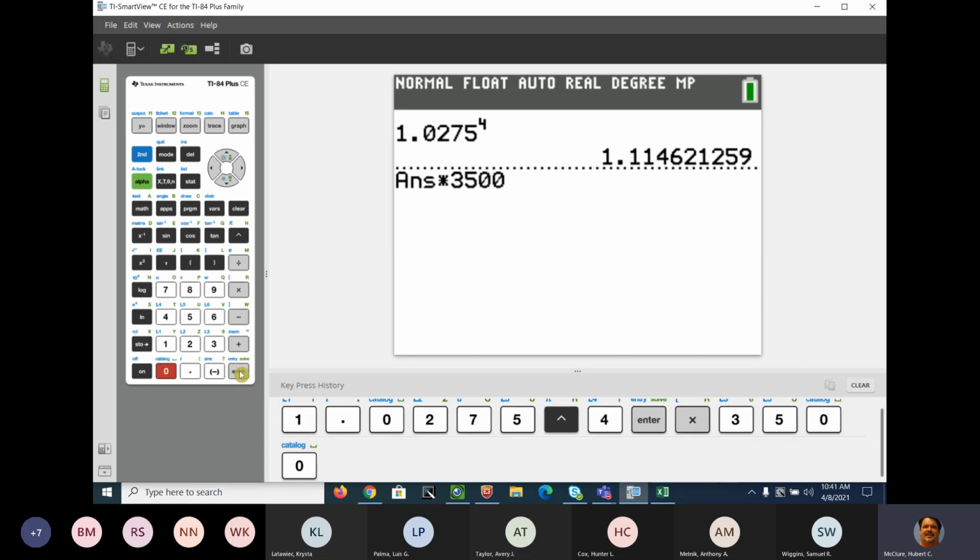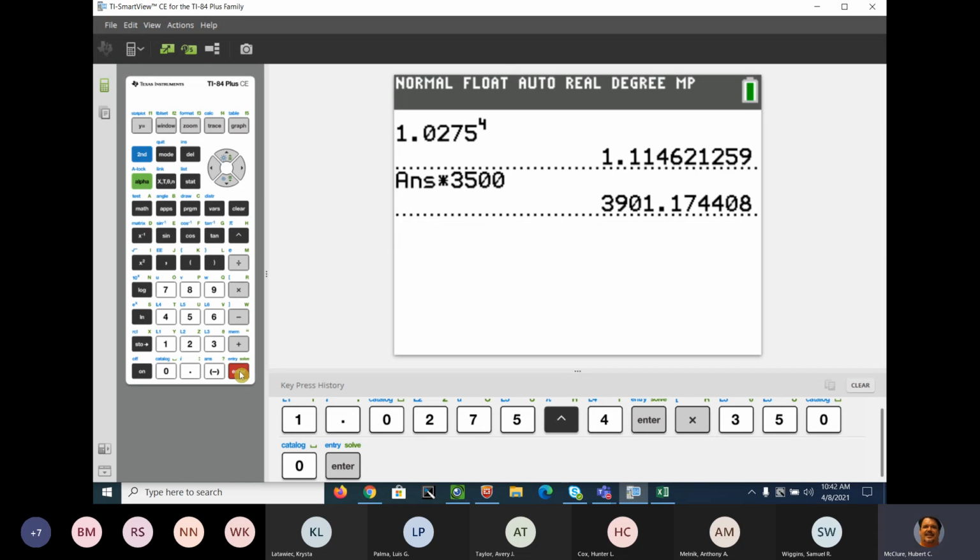So if you just compounded once a year, you would get 3901.17. So you made $401.17 just leaving it in for 4 years, compounded yearly.